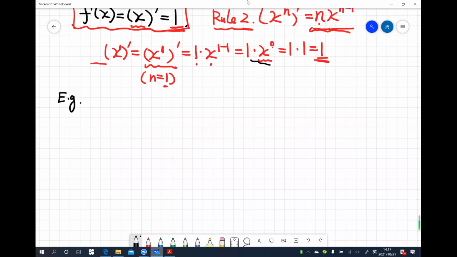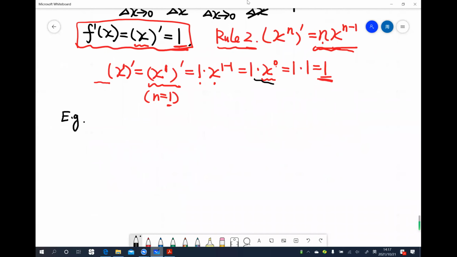So now I will give you another example to use rule 2 to calculate the derivative of a power function. Now I want you guys to calculate x squared prime. So now, follow my steps.